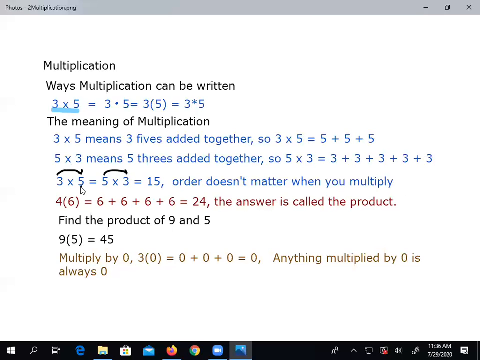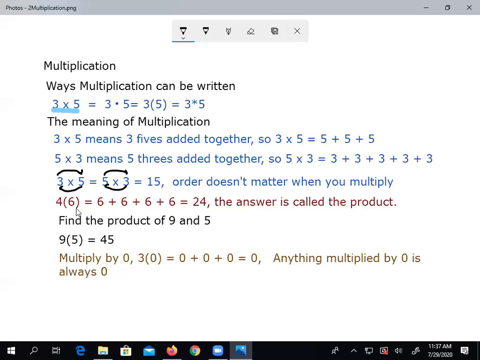So you can go left to right or right to left with multiplication. Order does not matter when you multiply. That's the fun thing about multiplication. That's why we like it. It's just like addition. In addition, you can move things around as you see fit. Multiplication falls under that same guideline. It's a very, very nice operation.